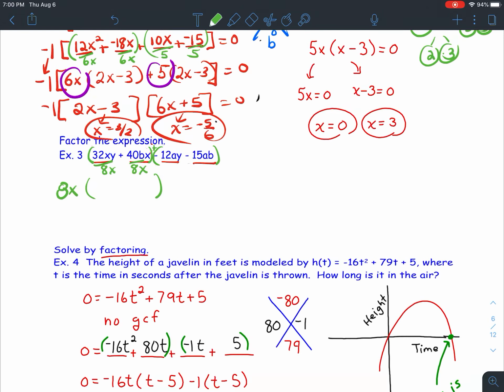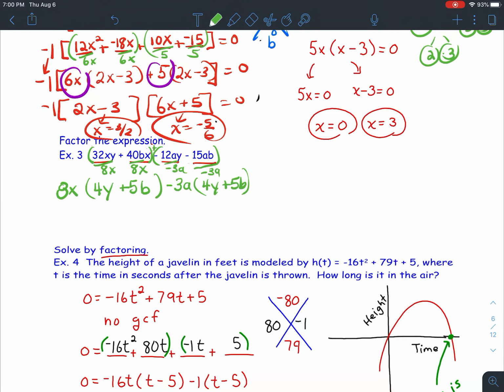and then remove a GCF from the first group. It looks like in this first group, 32xy and 40bx both have an 8 and an x in them. So if I pull an 8x out, that leaves behind 4y plus 5b. From the second set of parentheses, I'm wanting to leave behind a 4y plus 5b, so I should factor out a negative 3a.